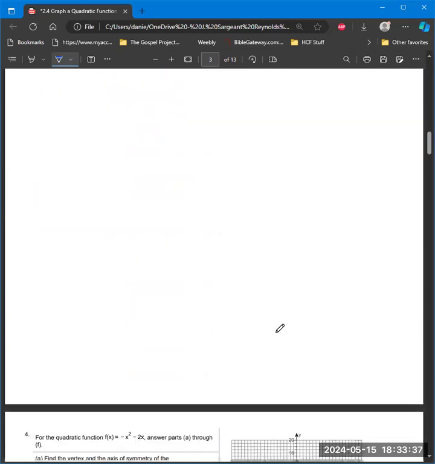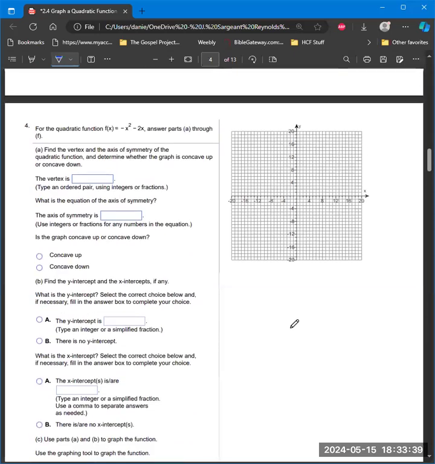There we go. And look at number 4 here. This one's going to open down: negative x squared minus 2x. Let's factor out a negative x, and that's x plus 2. It's going to go through 0, and negative 2 is right there.